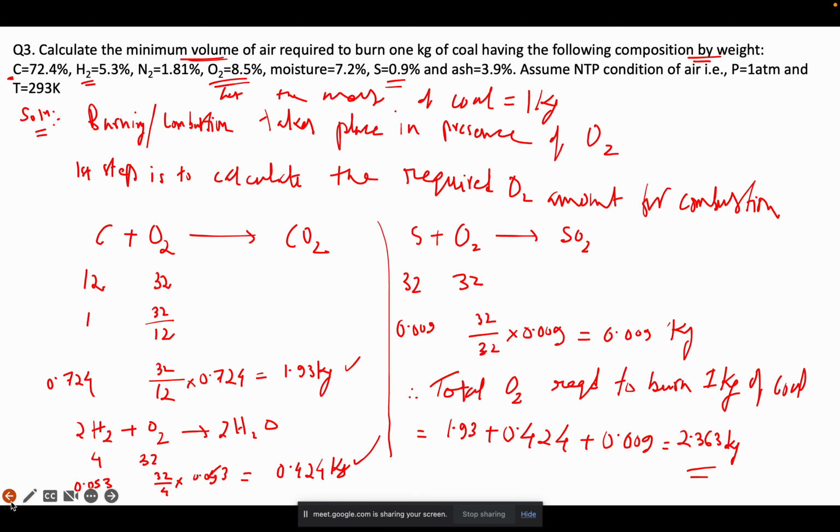Now it is telling nothing else, so this means this is an ideal gas, and you are given the pressure and the temperature.